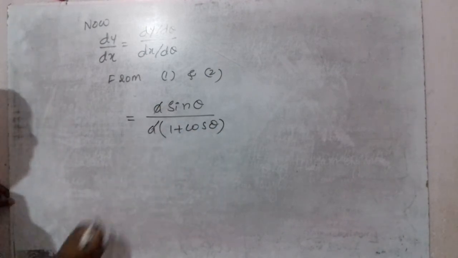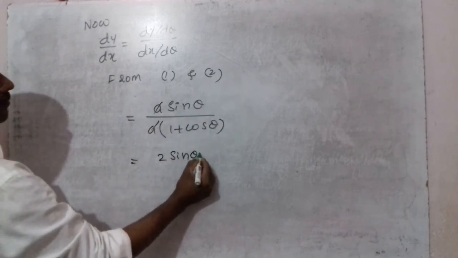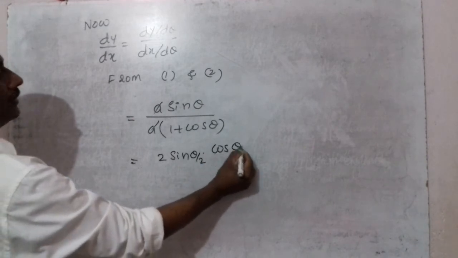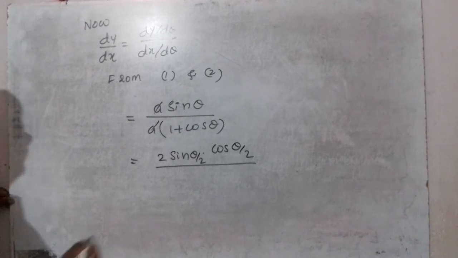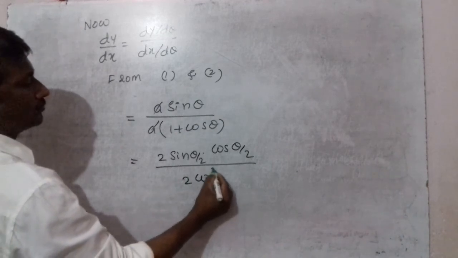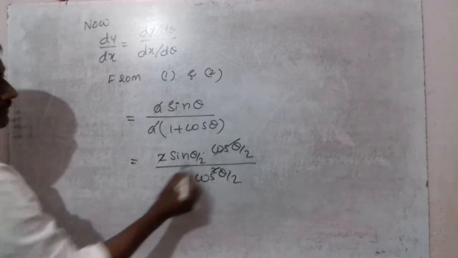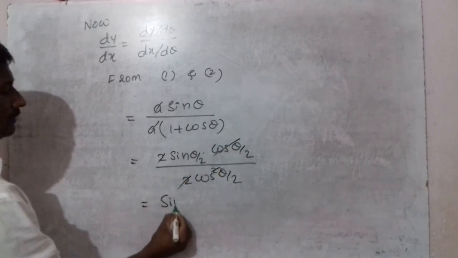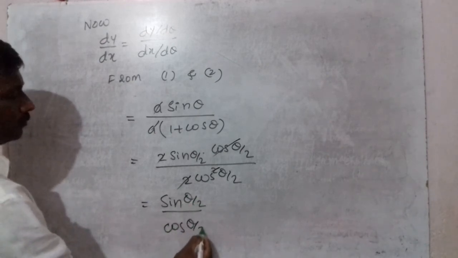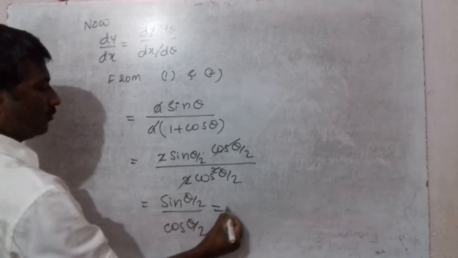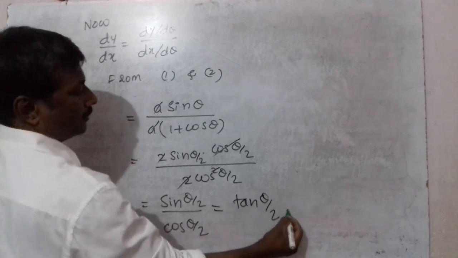The a's cancel. Sin theta is 2 sin theta by 2 cos theta by 2, divided by 1 plus cos theta, which is 2 cos square theta by 2. The 2 cancels, and one cos cancels here. Sin theta by 2 divided by cos theta by 2 equals tan theta by 2. So, as required.